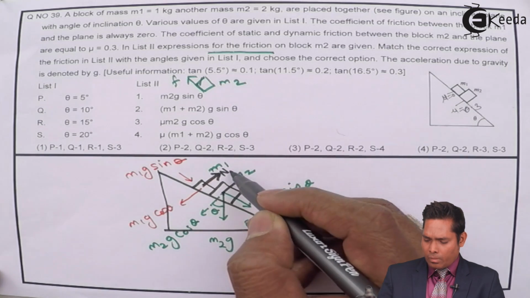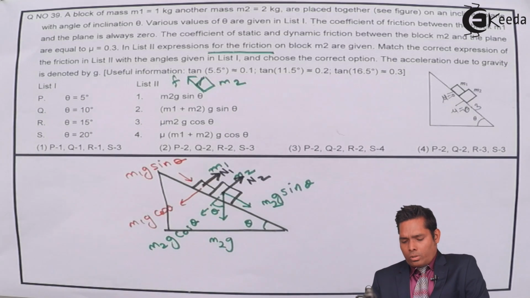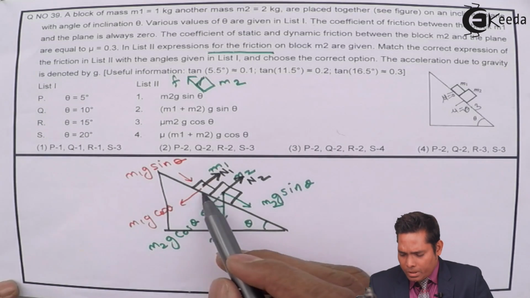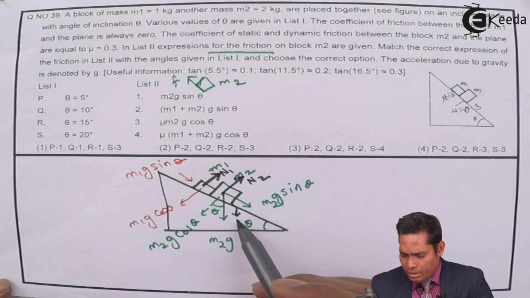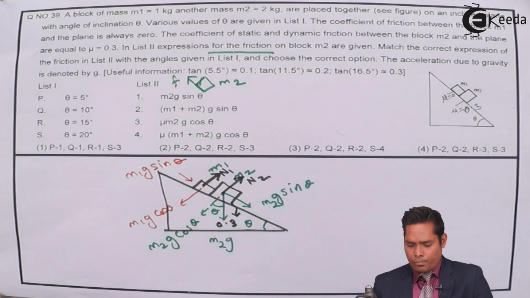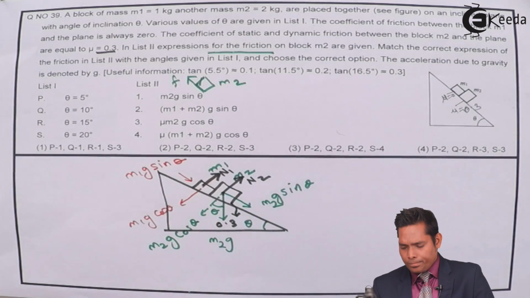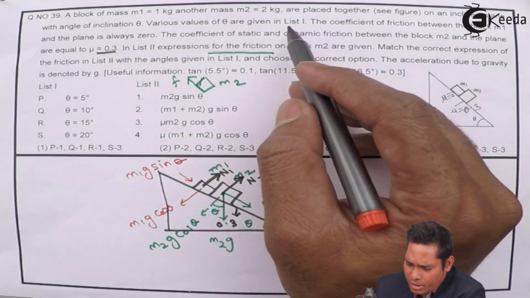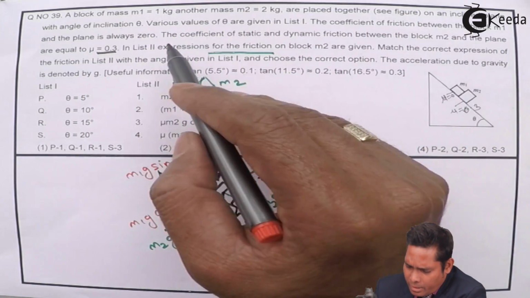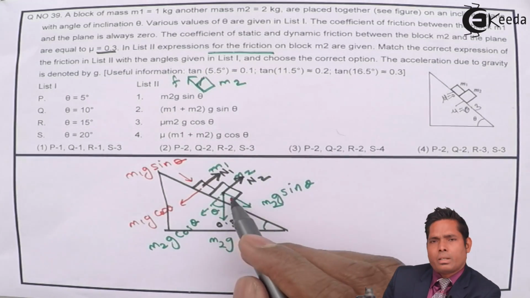This is normal reaction N1 and this is normal reaction N2. Now this surface is frictionless, this is having some friction, and that is 0.3, the value given, the coefficient of friction. Because this is frictionless, no friction will act on this block.